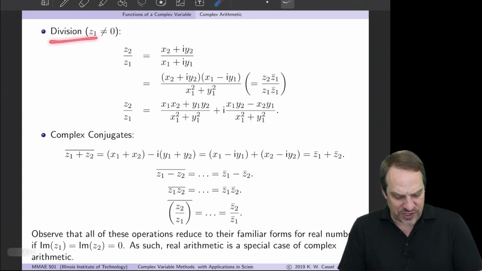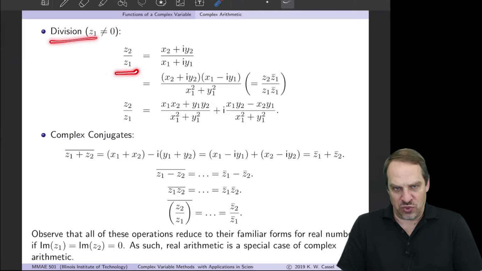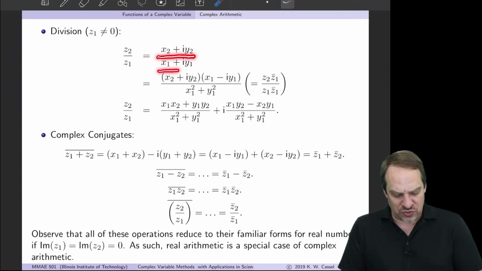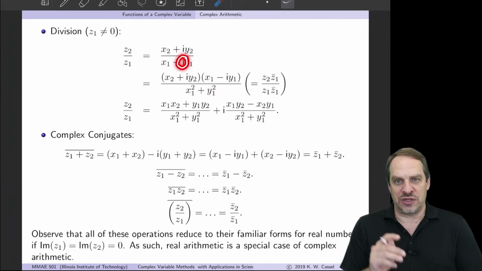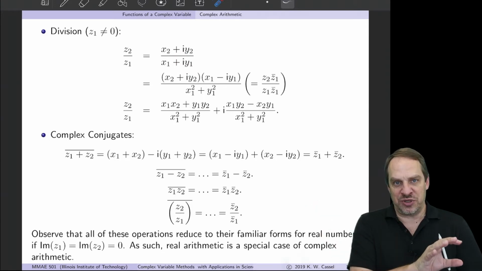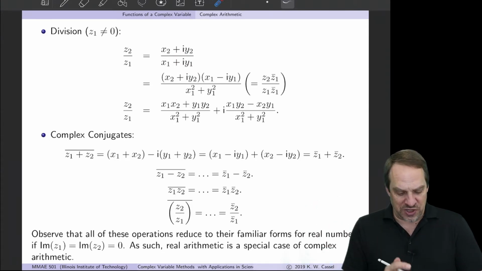So in division, if I have z2 over z1, obviously z1 can't be 0. So I have x2 plus iy2 over x1 plus iy1. Now the challenge is to get the i out of the denominator, because again, I want to write real plus i times the imaginary part for the result. So I need to get the i out of the denominator.